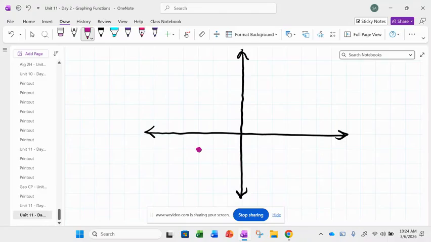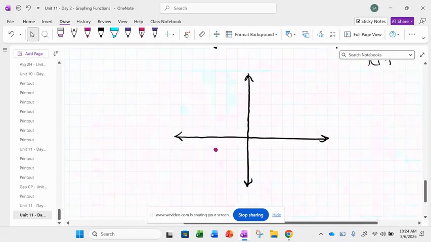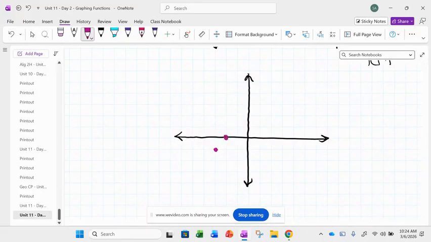Now I need to plot the other points that I got. What were the other points that I got? Well, I got 2 x-intercepts. I had 1 x-intercept at -2, and I had another x-intercept at -4. And I had a y-intercept at +2.